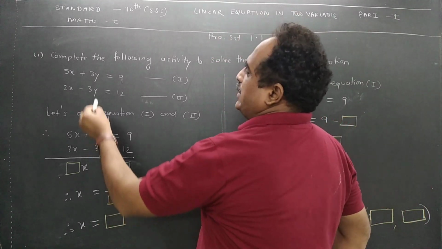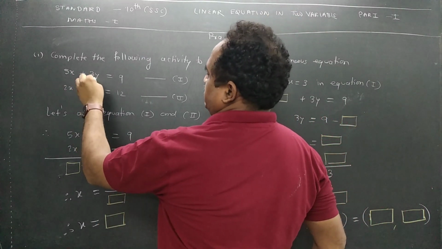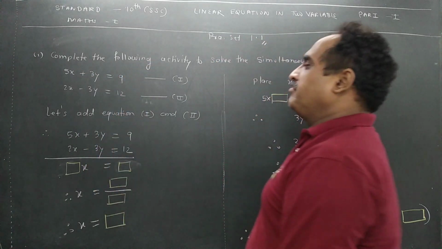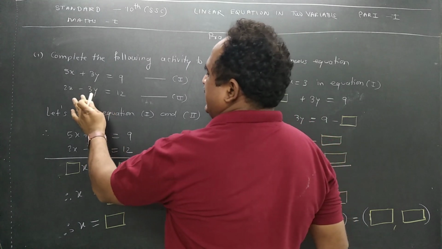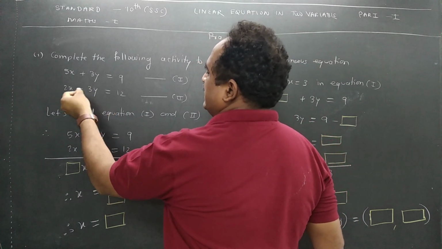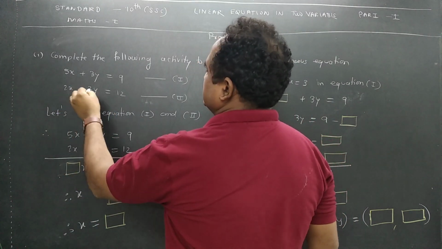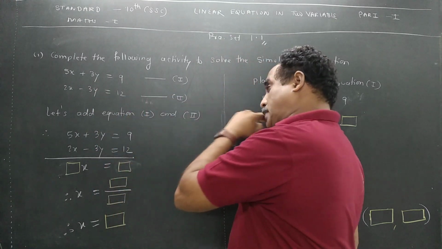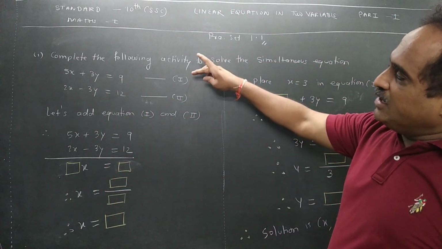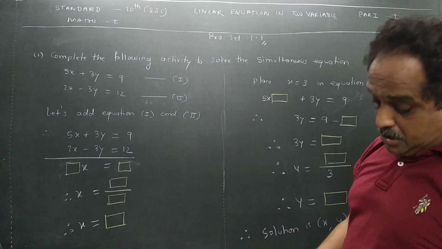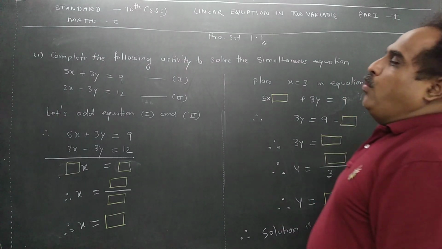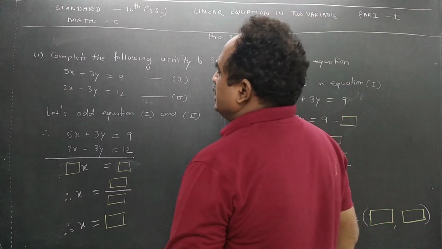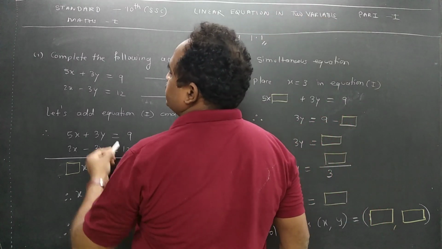See, they have given an equation. One is 5x plus 3y is equal to 9. दूसरा equation, there is a printing mistake in the textbook. It is minus 3y. They have given plus 3y, but it is 2x minus 3y is equal to 12. So we have two equations, equation 1 and equation 2. Then what I told you is that you try to find out the coefficient of x.